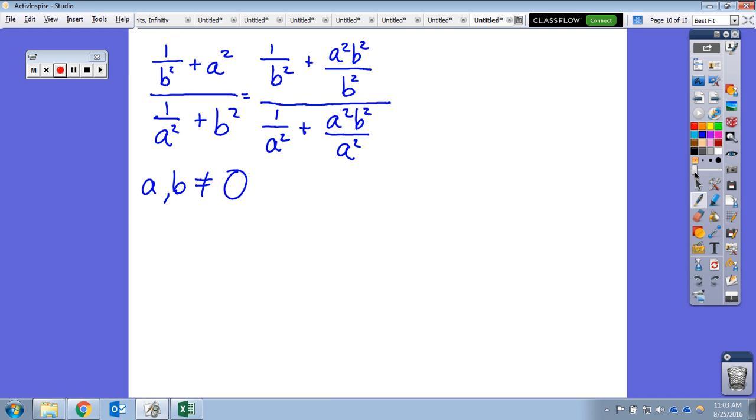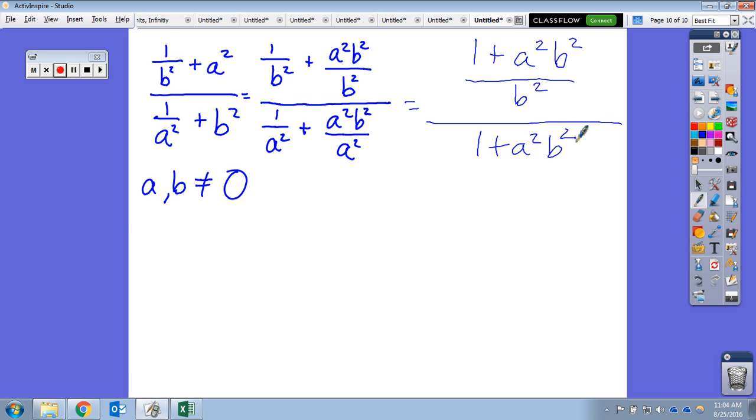So this is where we are now. You get rid of the 1 plus. It's 1 plus that. So now where are we? So just add them. Now it's 1 plus a squared b squared all over b squared, all over the large, the major fraction bar. Then you can multiply by the reciprocal.